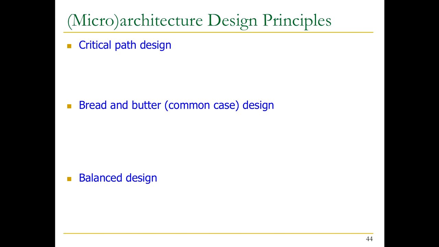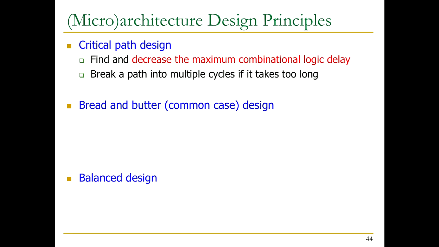Okay, this brings me to the design principles, which are really important. So I'll spend some time on these. There are 3 architecture or microarchitecture, this is more microarchitectural view, design principles that you should come away with in this lecture. One is critical path, the other is bread and butter or common case design, and the third is balanced design. Critical path, basically, is very suggestive, right? You want to find and decrease the maximum combinational logic delay when you're designing a microarchitecture.